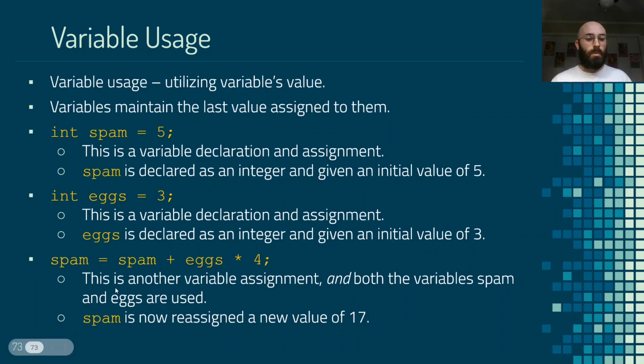So when it comes time to do this operation, it's going to substitute in these previous values, and so it's using those. We would call this variable usage because it's substituting in its previous values, but it's also doing an assignment here. So there are multiple things going on in each of these different steps. So I would substitute in those previous values and do 3 times 4 plus 5. Our PEMDAS order of operations still applies here in programming. And so it would be a new value of 17.